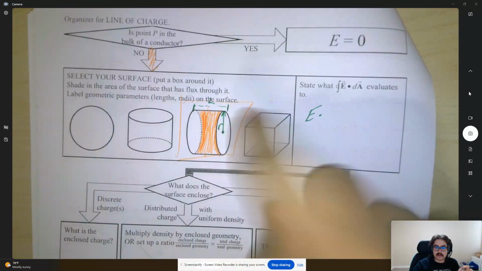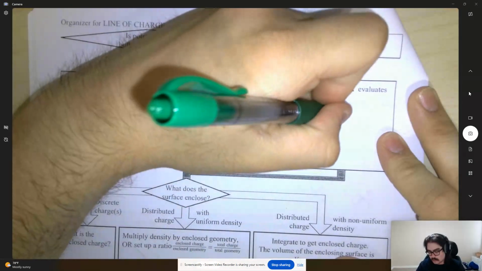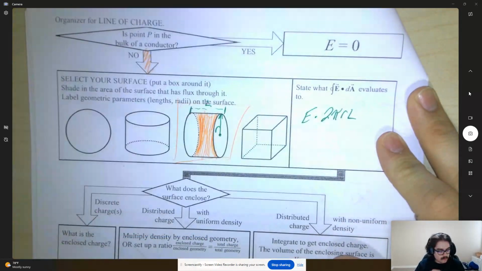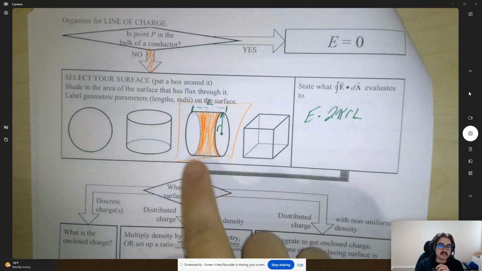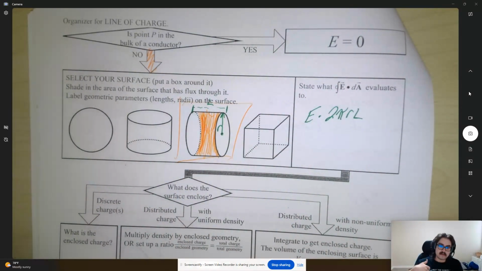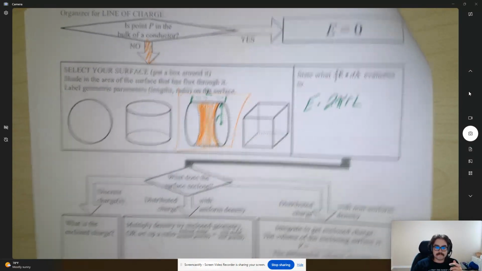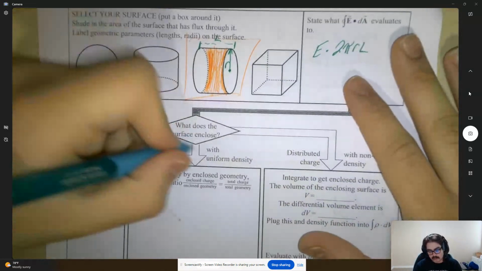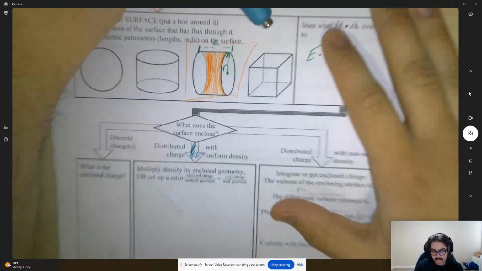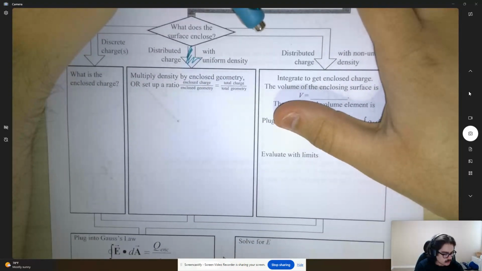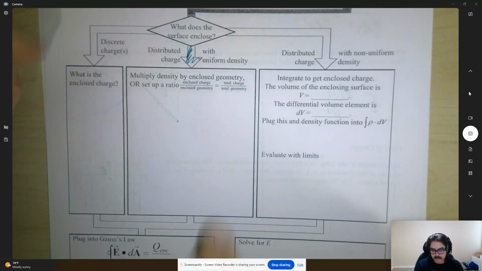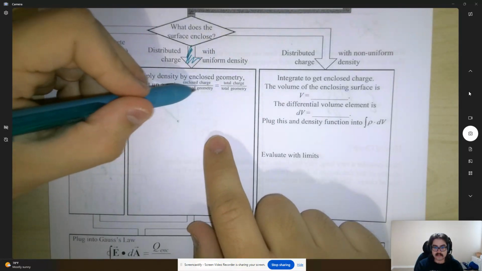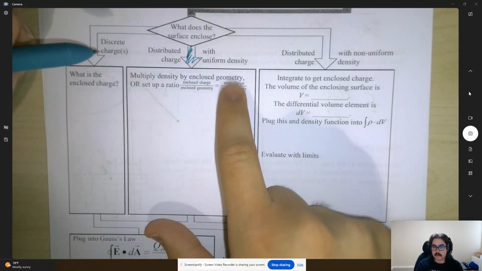I don't need the circles, so I can cut that part out. So it just ends up being 2 pi rL, the surface area of just the cylinder's length. The surface is going to enclose a distributed charge with uniform density. And when I do this, I can set my ratio of enclosed charge over enclosed length. This is actually going to be enclosed length instead of geometry here.